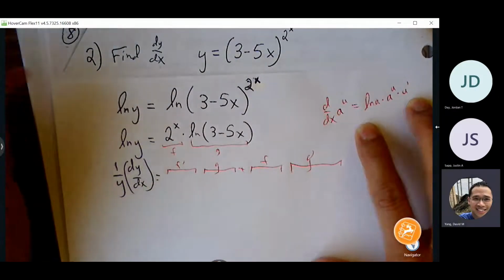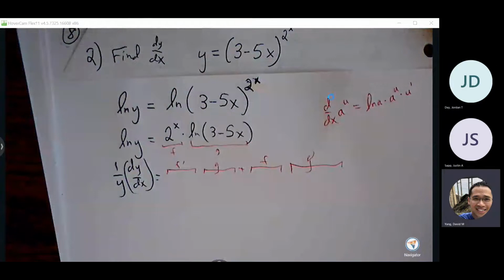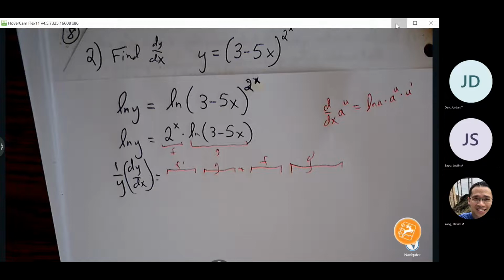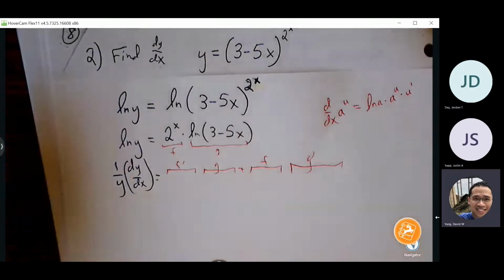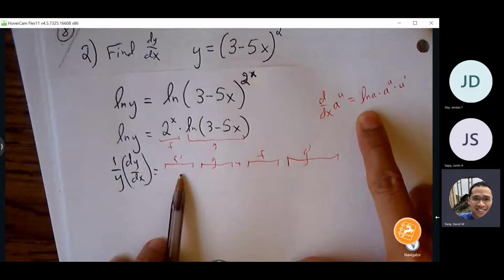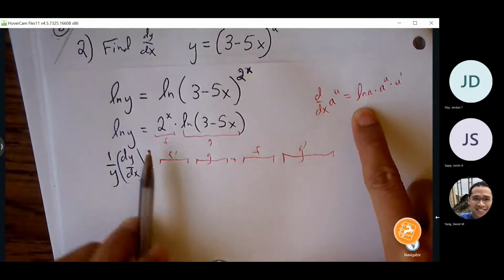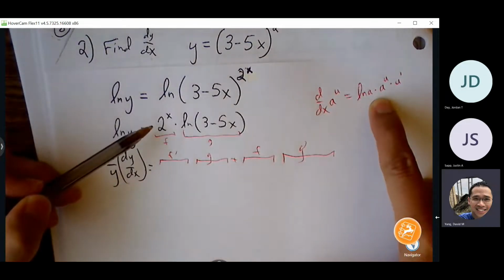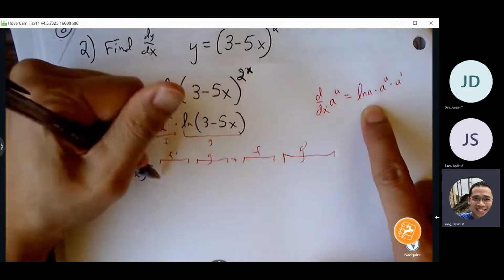Okay, so f prime. Sorry, I need to double check. What's f prime going to be? 2 to the x times 1.